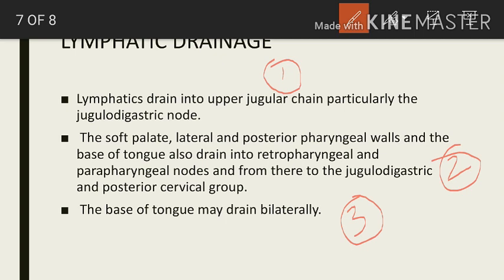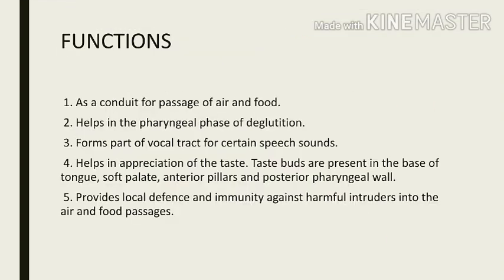Okay. Last part of the oropharynx, as mentioned earlier, functions. We all know the simple ones, again, for passage of air and food. Then it helps in the pharyngeal phase of deglutition. Then it helps for speech sounds, forming a part of the vocal tract for certain speech sounds.